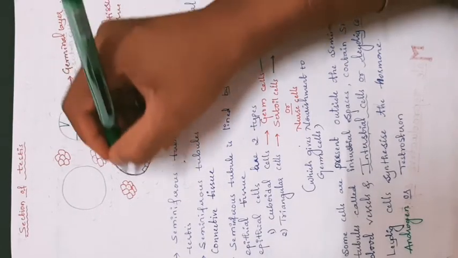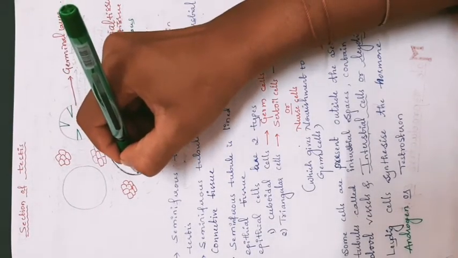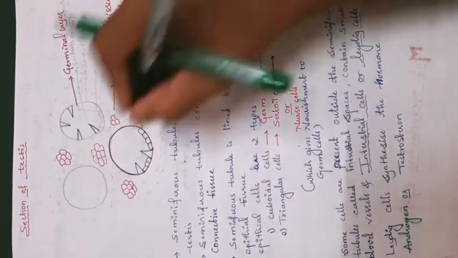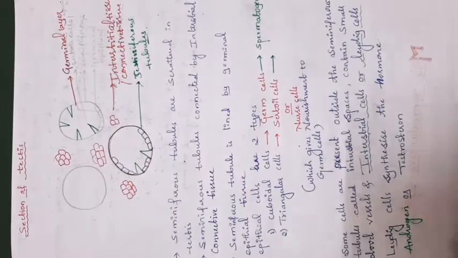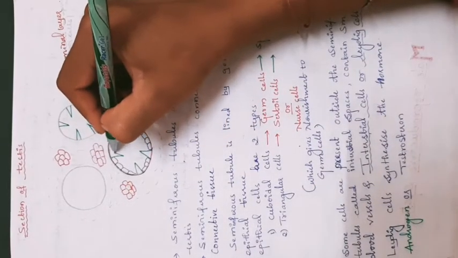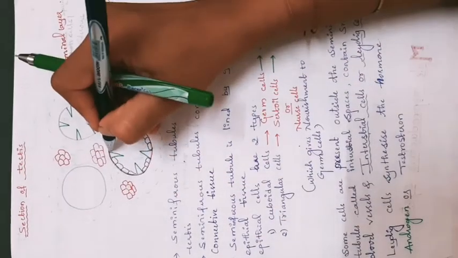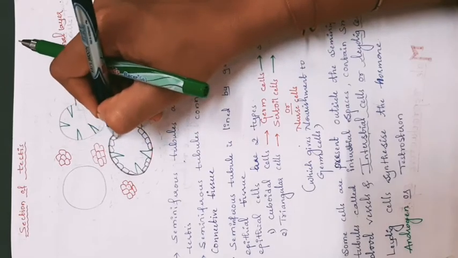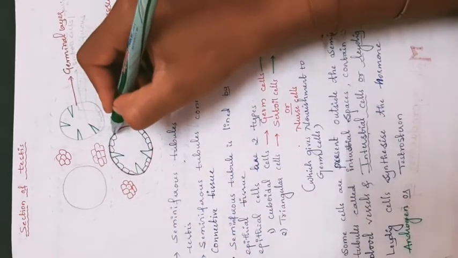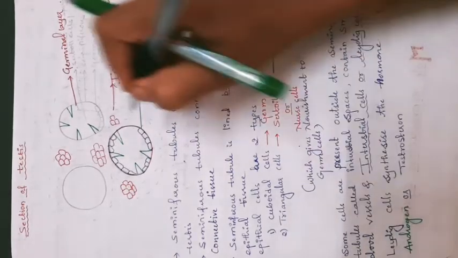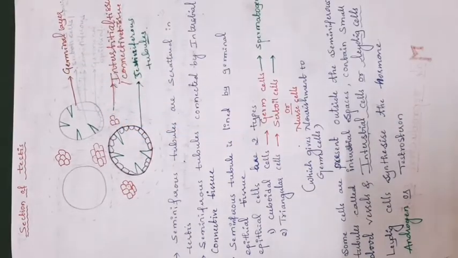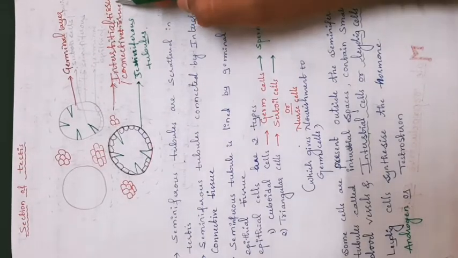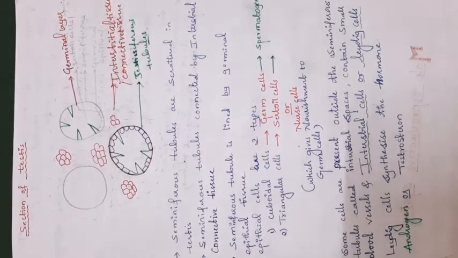Cuboidal cells and triangular-shaped cells you can see inside the seminiferous tubule. This is very important: cuboidal cells and triangular-shaped cells. Each seminiferous tubule is connected by the interstitial connective tissue.